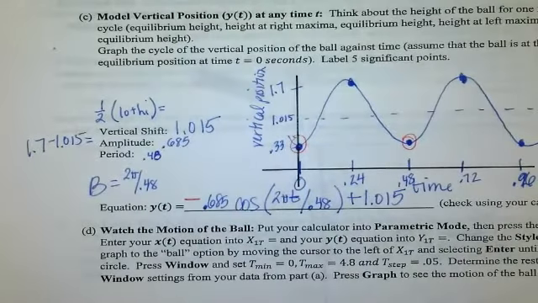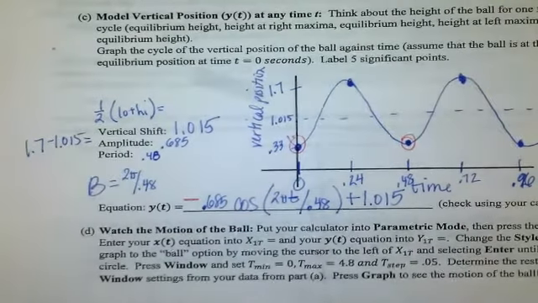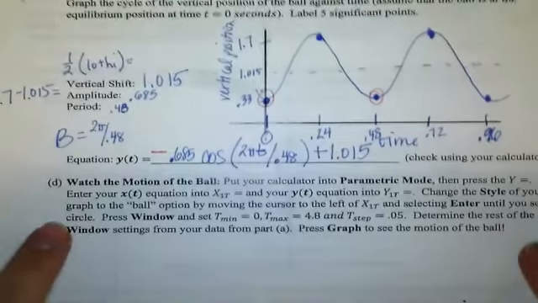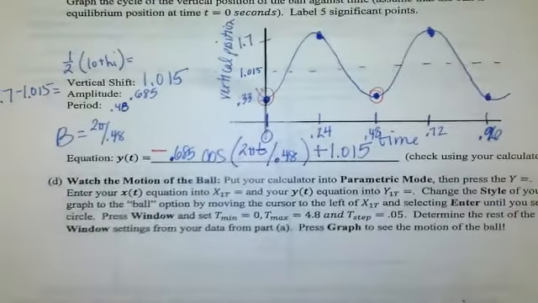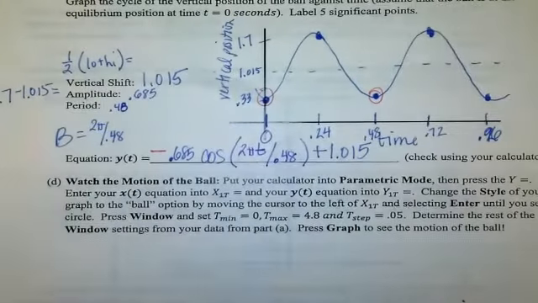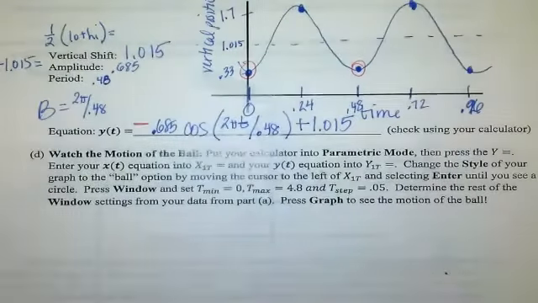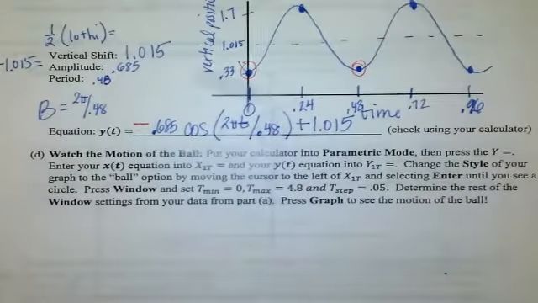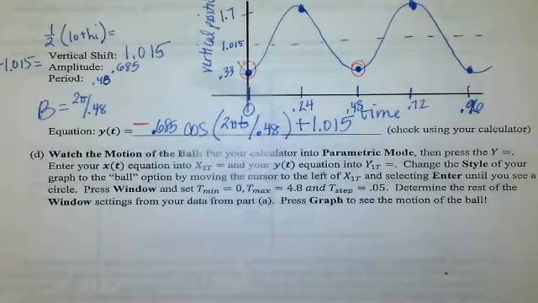Okay, cool. Now here's the really cool part. You are going to watch the motion of the ball. So what we just did was we wrote one equation that gives the horizontal position of the ball and another equation that gives the vertical position of the ball, all in terms of time.